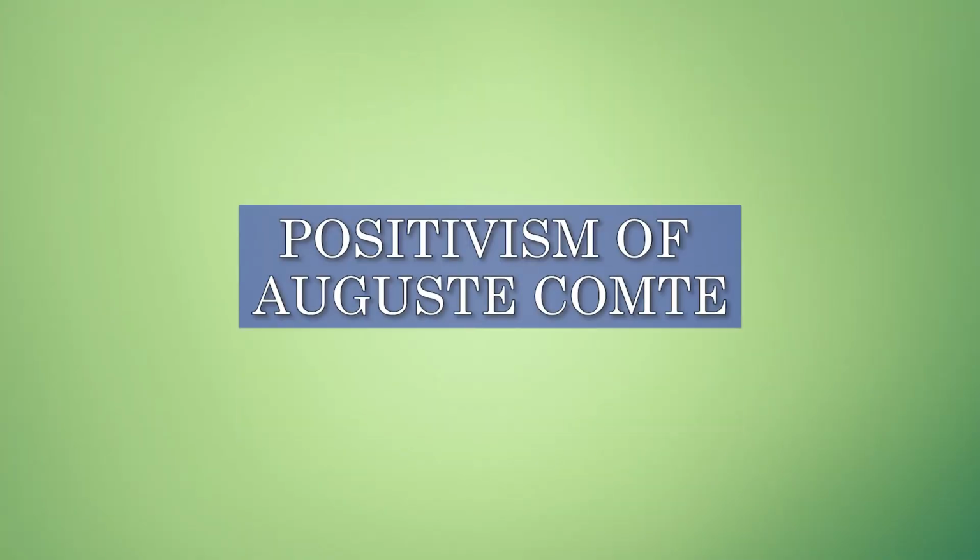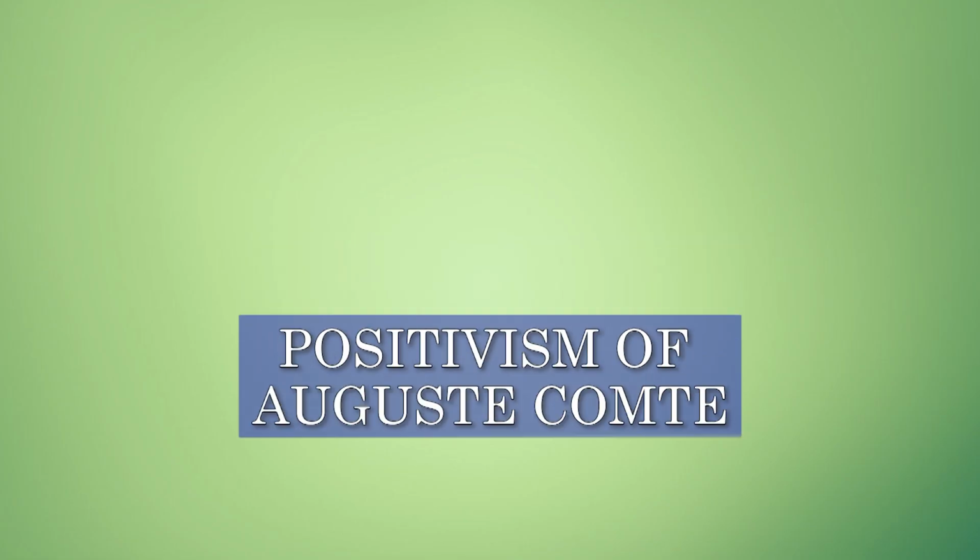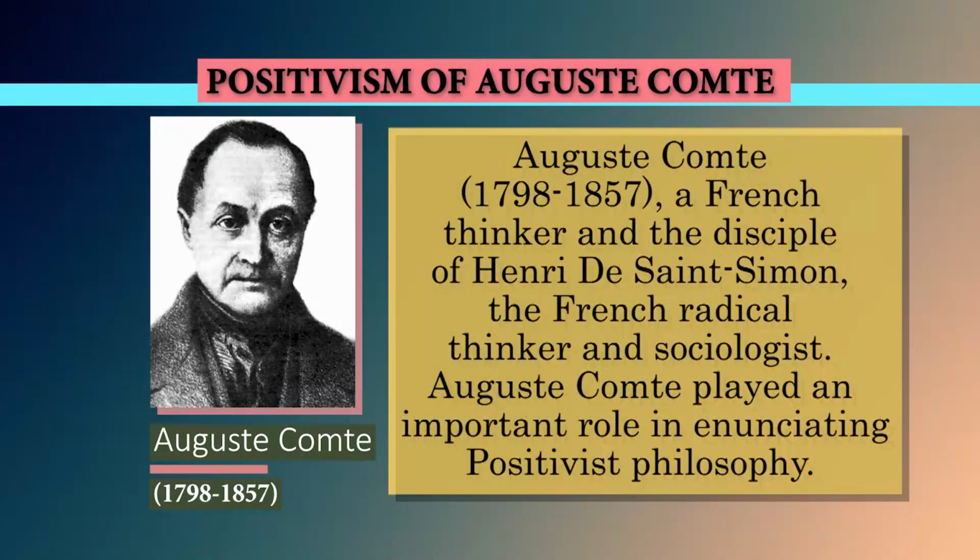When we talk about positivism in history, the most important person who contributed in this regard was Auguste Comte. Auguste Comte was a French philosopher, thinker, and sociologist in the 19th century.